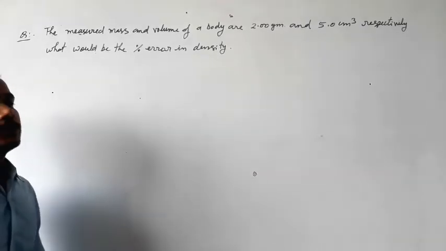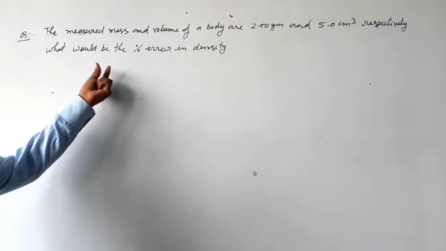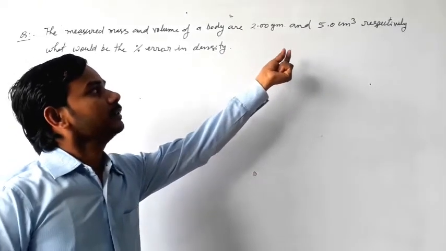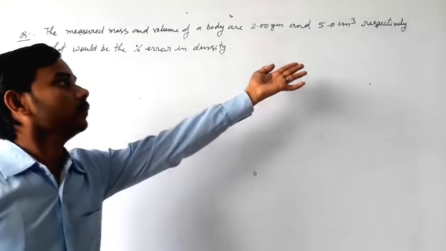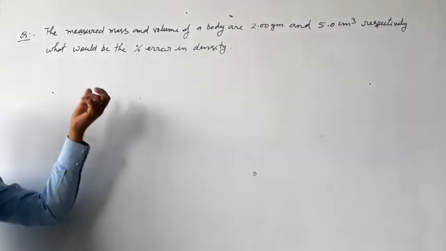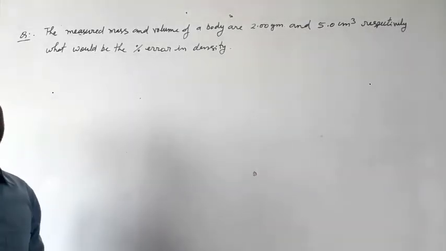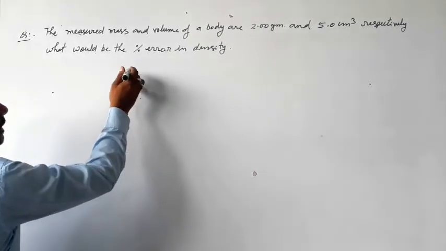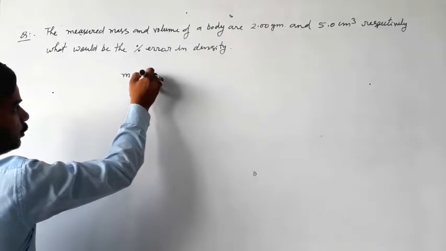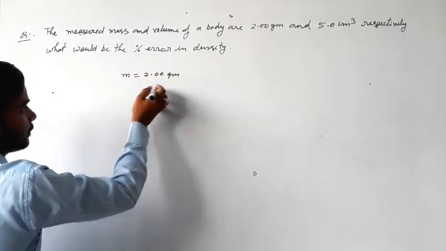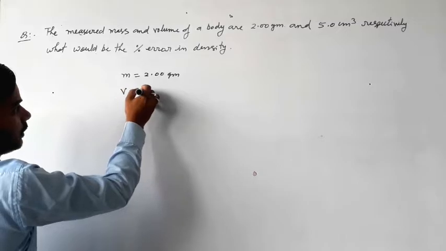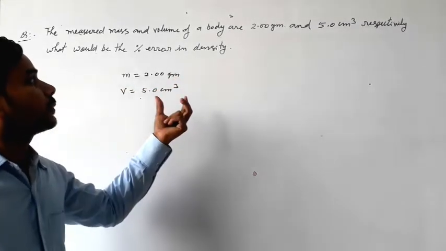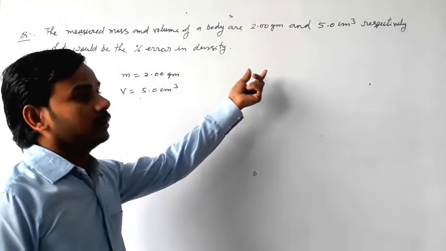Now in this question the measured mass and volume of a body are 2.00 gram and 5.0 centimeter cube respectively. What would be the percentage error in the measurement of density? The measured mass is 2.00 gram and the volume is 5.0 centimeter cube, and no errors are given in the question.